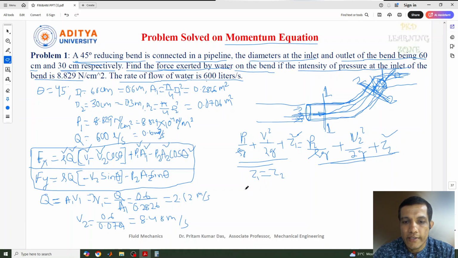Now, if both are same, then what equation do we get? P1 by rho g plus V1 square by 2g equal to P2 by rho g plus V2 square by 2g. Now, if you see this equation, every value is given to us or known to us except the P2 value.